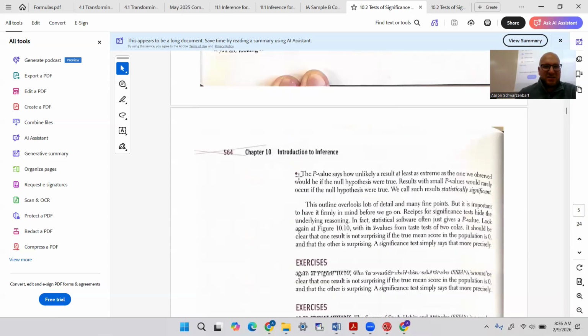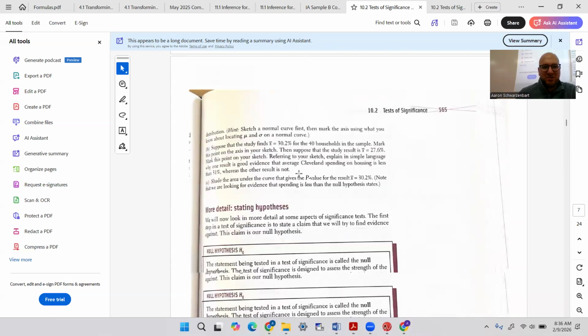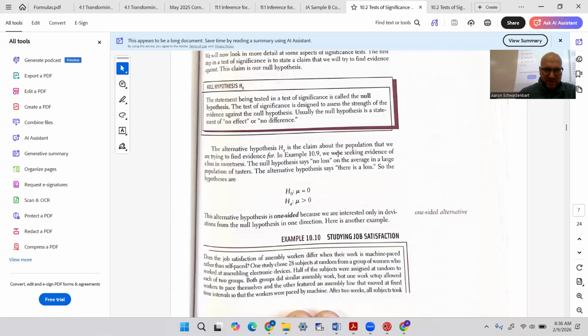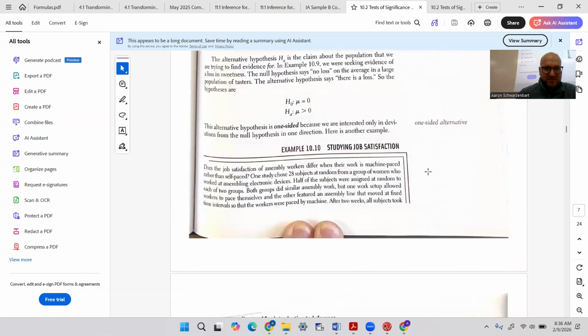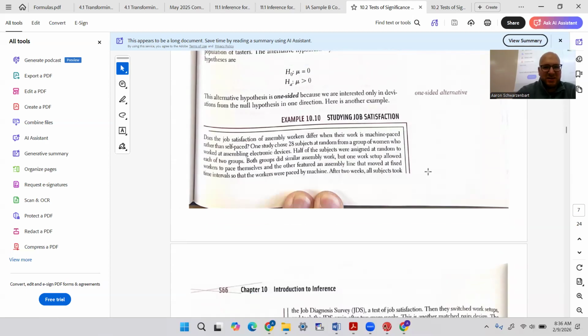So, outlining a test. Let's just go through one. Okay, they've got the null hypothesis. Studying job satisfaction. So, does job satisfaction of assembly workers differ when their work is machine-paced or self-paced? Do you guys know what that means?